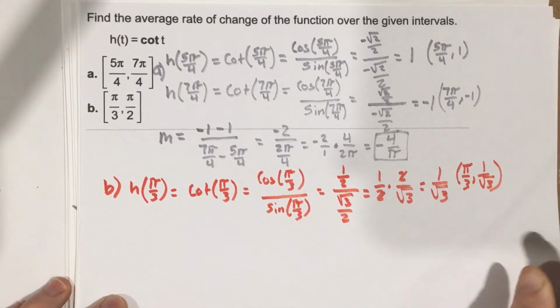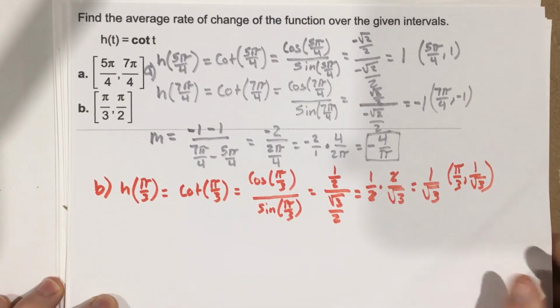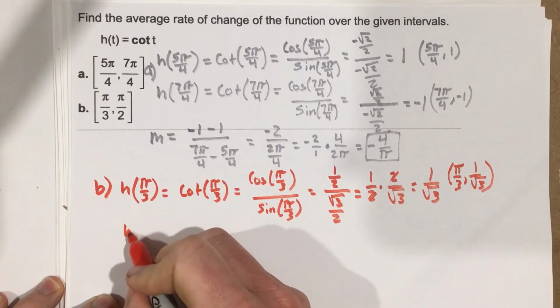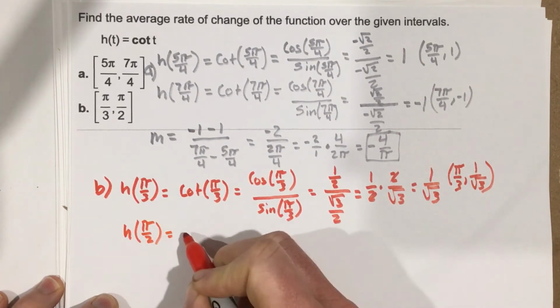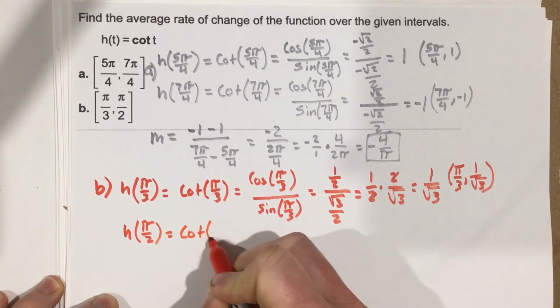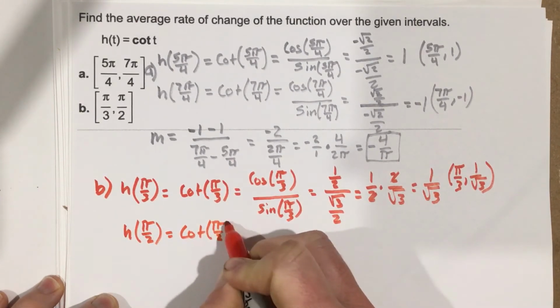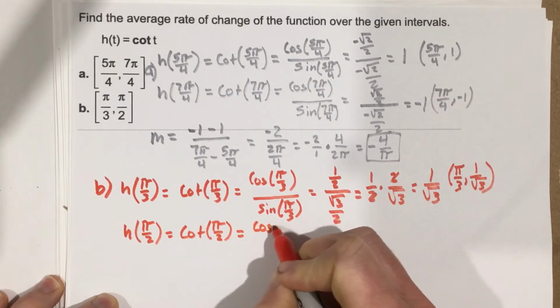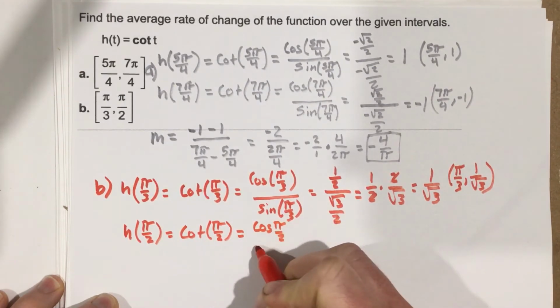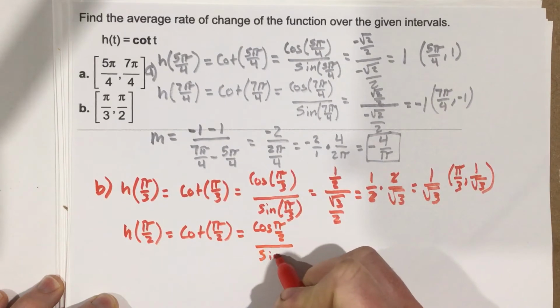And now we'll go to the next part, which is h of pi over 2. That gives you cotangent pi over 2, which equals cosine of pi over 2 over sine pi over 2.